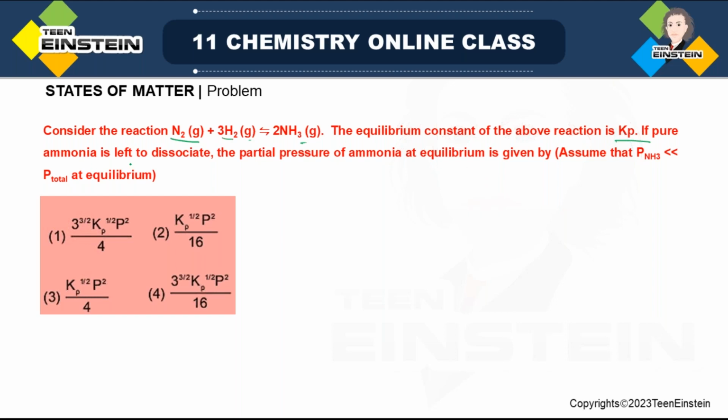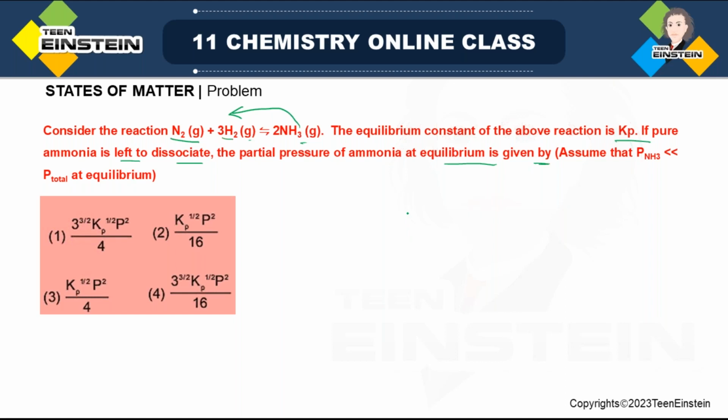Now if pure ammonia is left to dissociate, as if we are starting from this side, that is also possible. If you start the reaction by taking some ammonia and leave it to dissociate into nitrogen and hydrogen, then the partial pressure of ammonia at equilibrium is given by any of these 4 options.